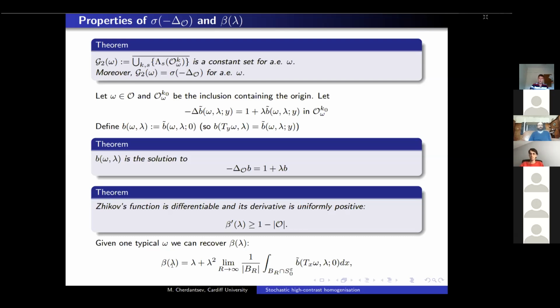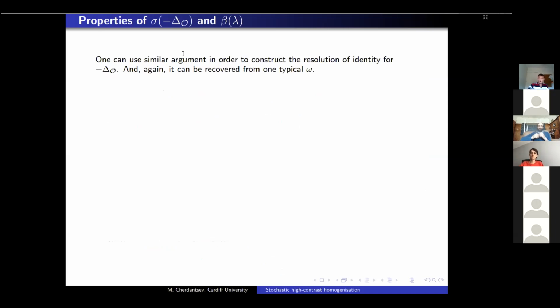You can recover information about objects defined on the whole probability space from one typical trajectory, exactly as in the first statement of the theorem at the top here. Okay, so what's next?